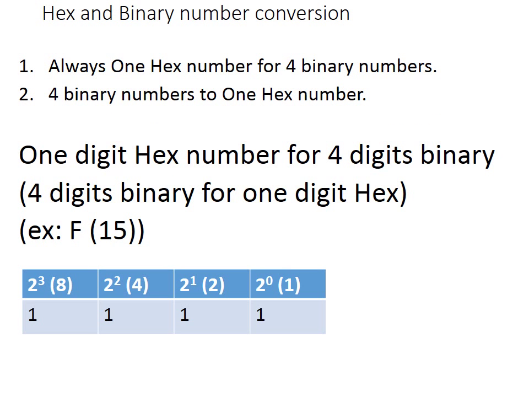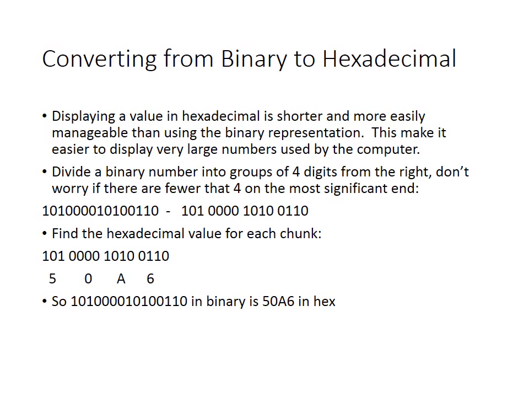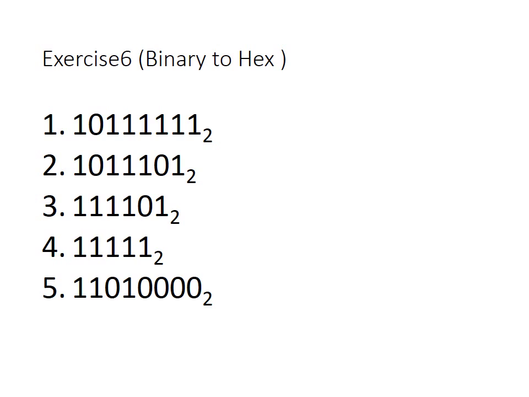When you convert numbers between binary and hex, the principle is you always convert a one-digit hex number to a 4-digit binary number. From left to right, make groups of every 4 digits in binary. Then you just convert each 4-digit binary number to a one-digit hex number. Practice these with paper and pencil.